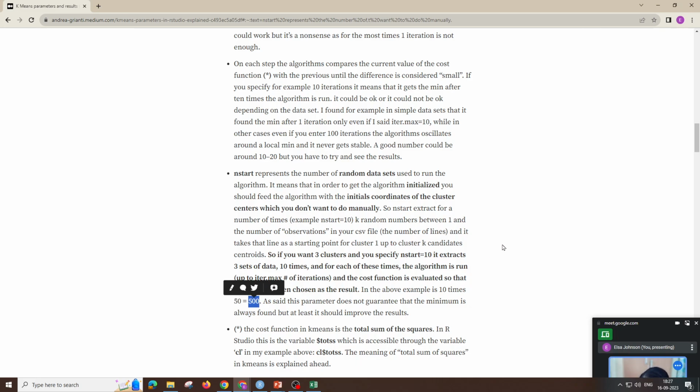Okay, so, Nagababu, the centers, the cluster count, is 4 and nstart is 20. So it's like 4 sets of data will be taken 20 times. It's not 4 into 20.